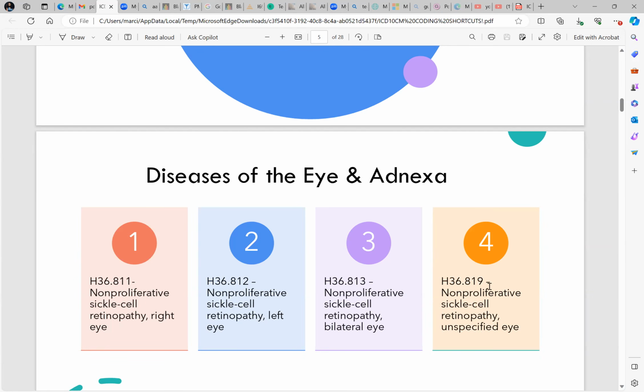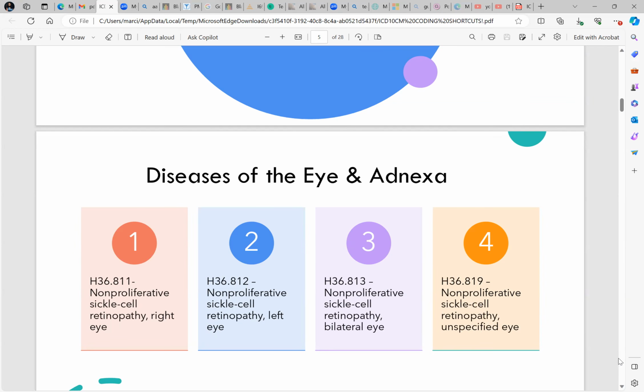But I want you to primarily just look at the codes H40.31, H40.32, and H40.33. You see the 1 is signifying the right eye, the 2, the left eye, and the 3, bilateral eyes.